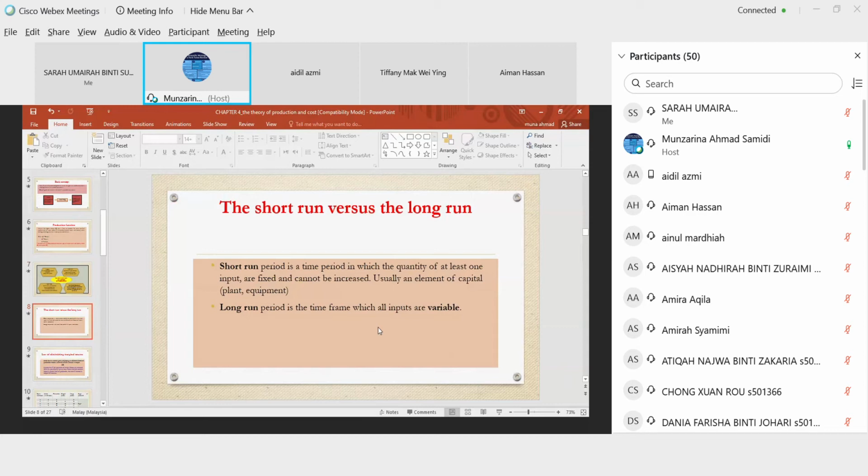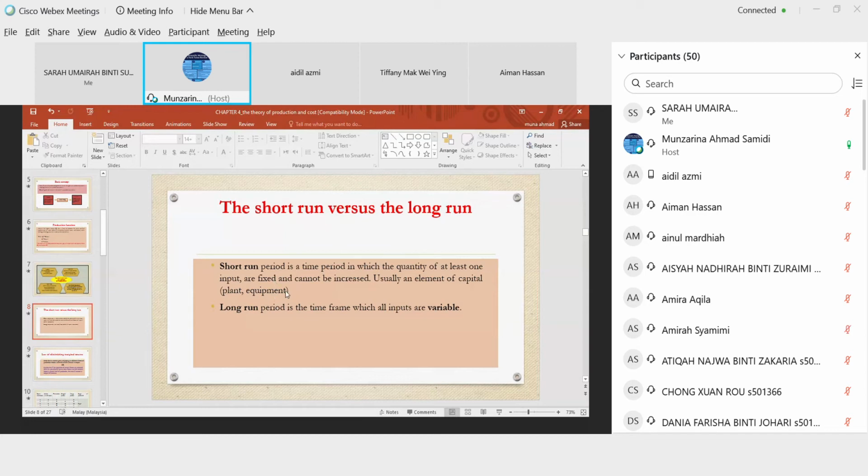Whereas the long run is the time frame in which all inputs are variable. It could be one year, one day, or one month. The long run depends on how extensive the operation is.